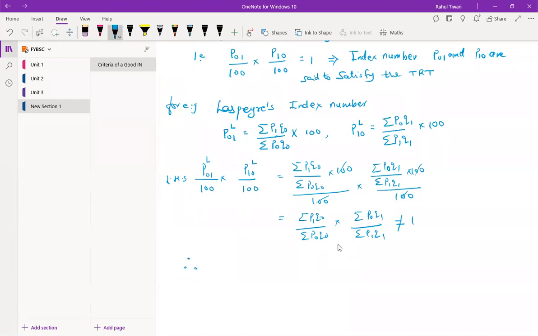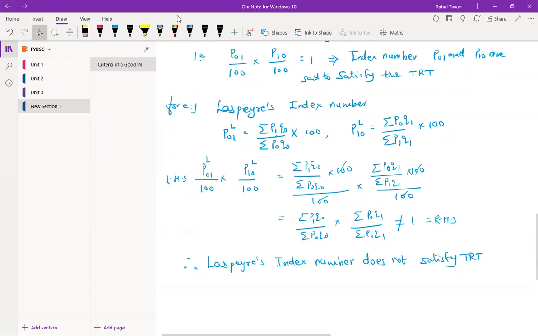Therefore, I can conclude that Laspeyres price index number does not satisfy TRT.